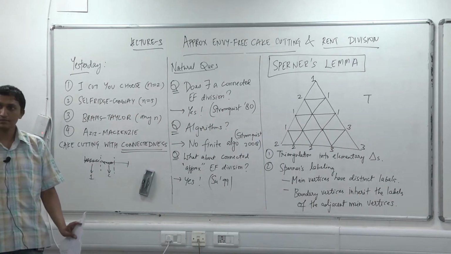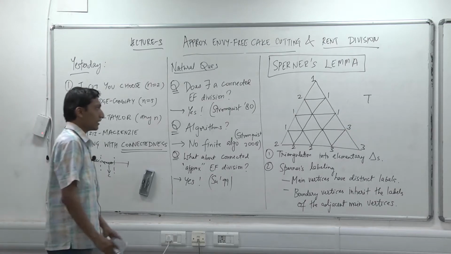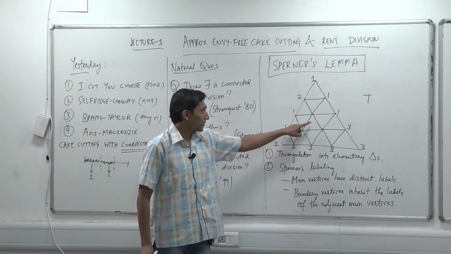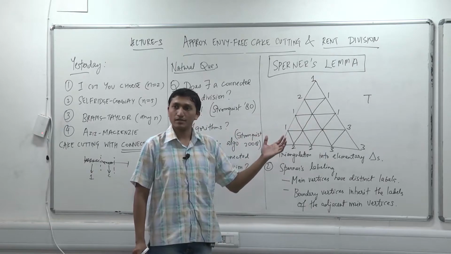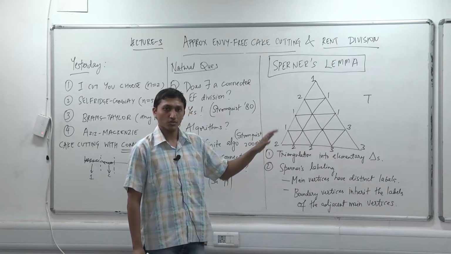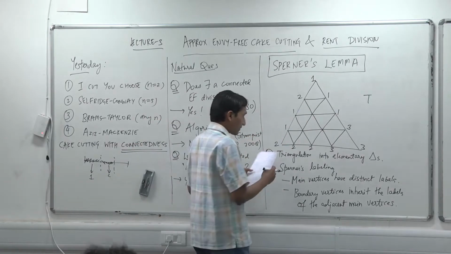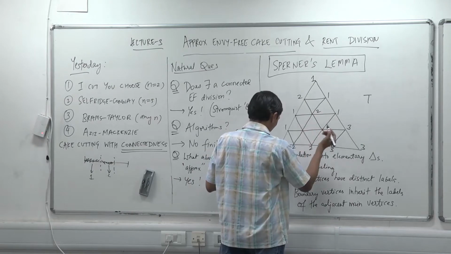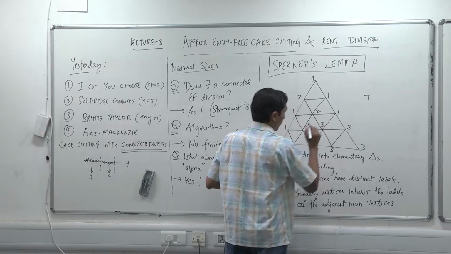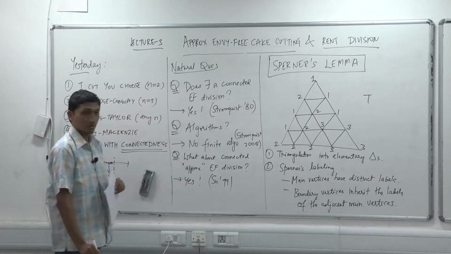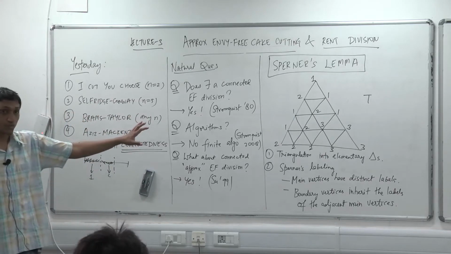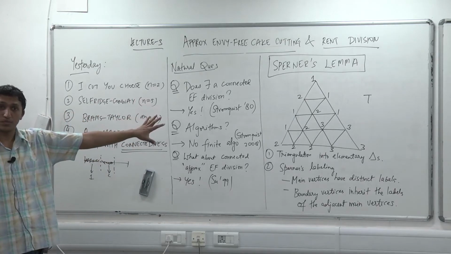Everybody happy so far? Nothing very fancy going on. And as for the internal vertices, assign them any color you want. 1, 2, or 3, doesn't matter. So this is a valid Sperner coloring of the triangulation that we created.